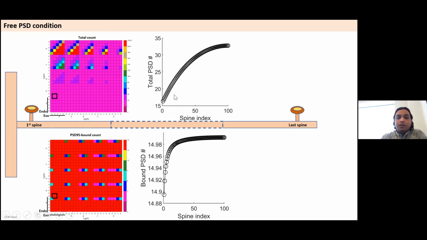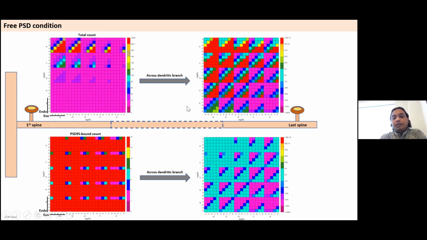Now, to capture such profiles for almost all the parameter combinations, we devised a technique where we compute the percentage change in the total count of the receptors in the last spine with respect to the first spine. The percentage change helps to inform how fast.